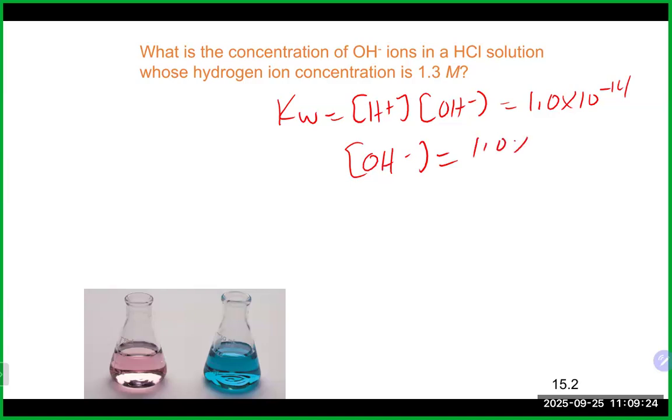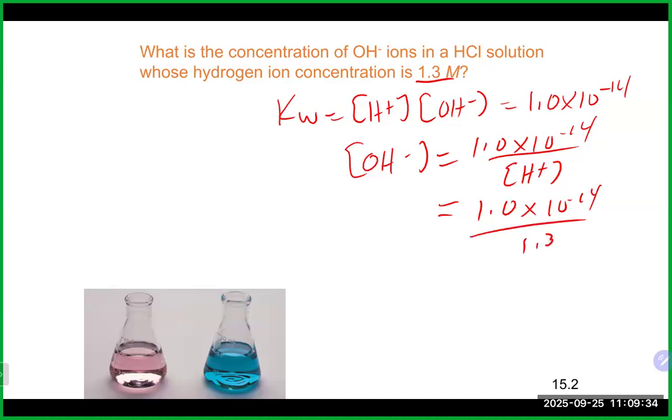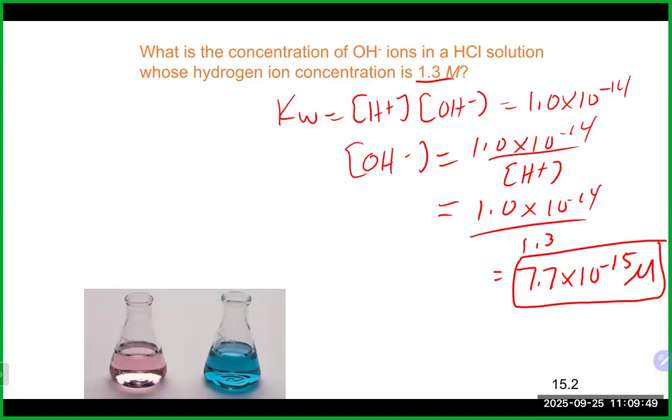So we're just going to divide that to the other side since we are given the H plus concentration of 1.3, and we'll pop that in there. Again, we want to make sure the exponent button is being used. 1.3. That's going to give us a 7.7 times 10 to the minus 15. It does need some units as it is a concentration in this case.